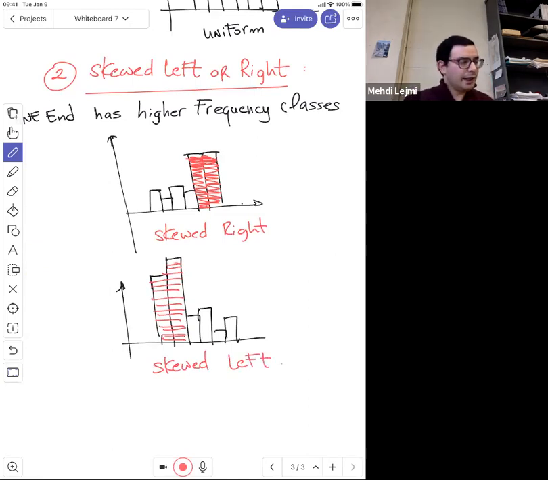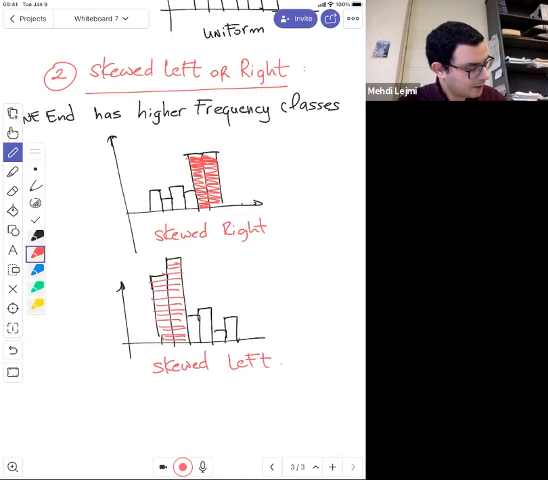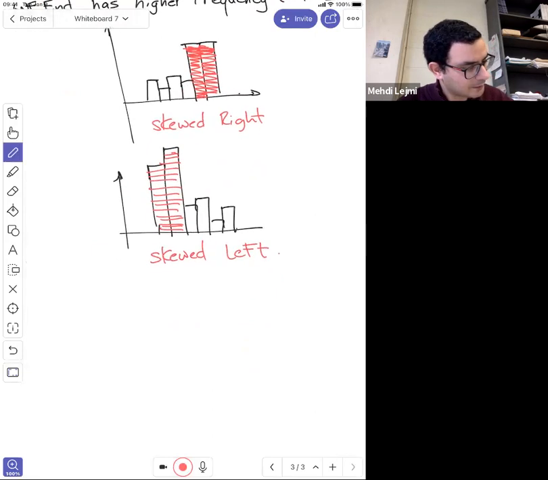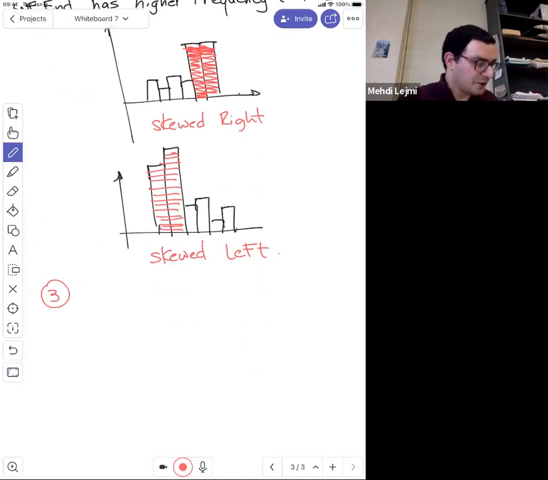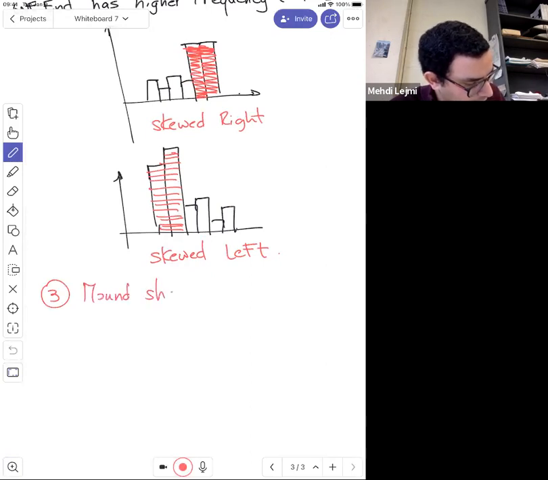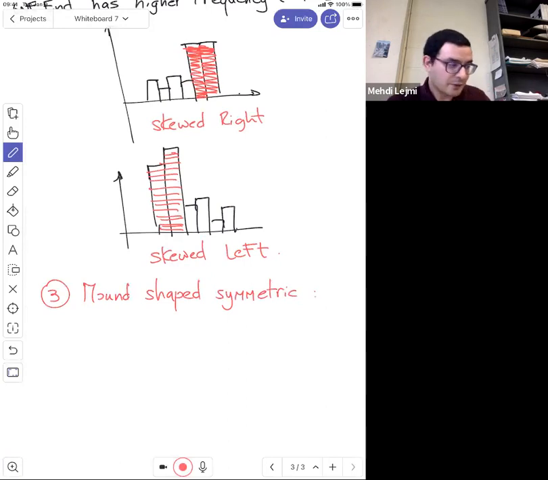Okay, and one more shape would be shape number 3, the mound-shaped symmetrical. So it's going to be symmetric about the center. In this case, your histogram is going to be symmetric about the center.